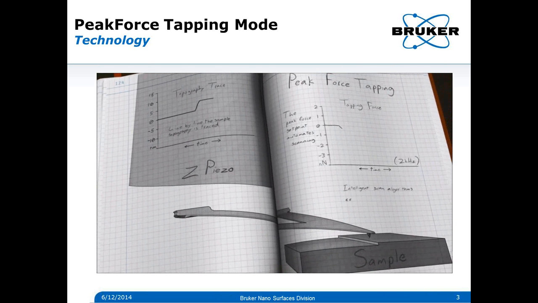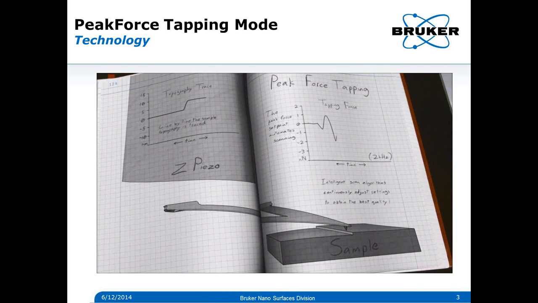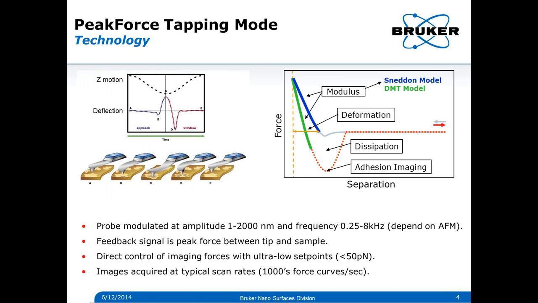While this may sound very familiar and similar to force volume imaging, there are some very key differences in the operation of these two modes. In PeakForce Tapping, we're using sinusoidal ramping and not linear ramping, as is used for force volume or single force curve measurements, also known as force spectroscopy. With each interaction of the AFM tip with the sample surface, the feedback loop is continuously detecting the peak force. As such, the imaging force control benefits from the results of the previous tip-sample interactions.